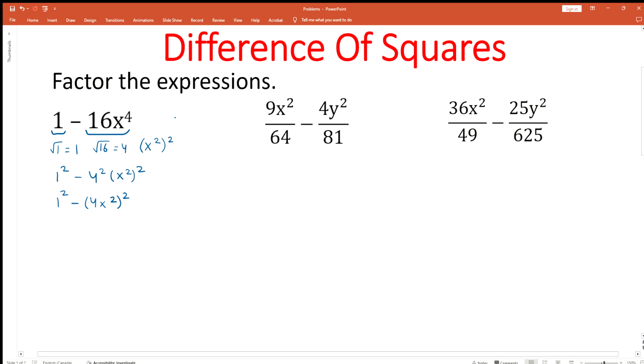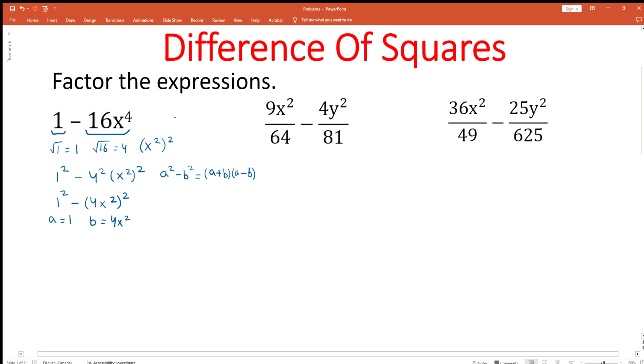Now we can use the formula for the difference of squares factoring method. The formula is a squared minus b squared can be factored as a plus b times a minus b. In our expression, a is 1 and b is 4x squared.